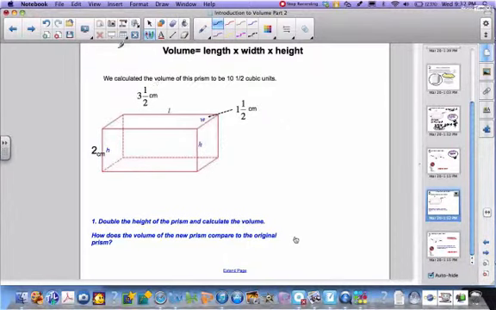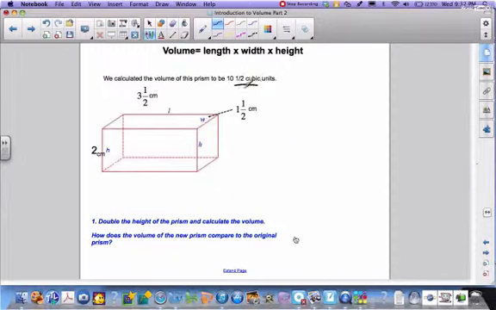Okay, so this is the original problem that I worked on, and I calculated the volume to be 10.5 cubic units. So the volume of this is 10.5 centimeters cubed. Now the question down here says double the height of the prism and calculate the volume. So we're going to double the height.